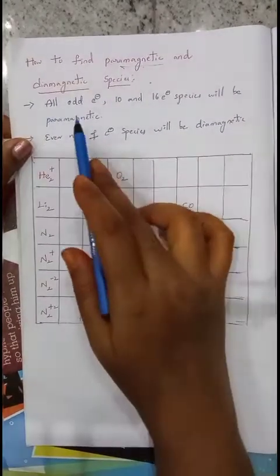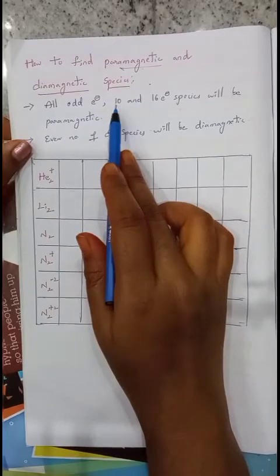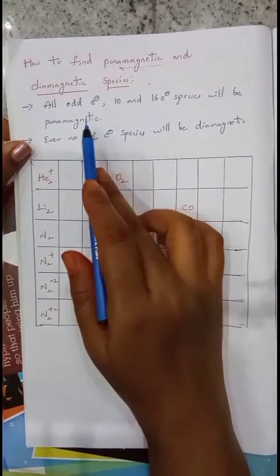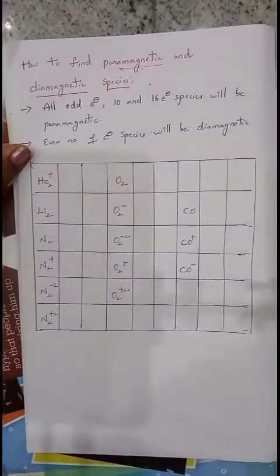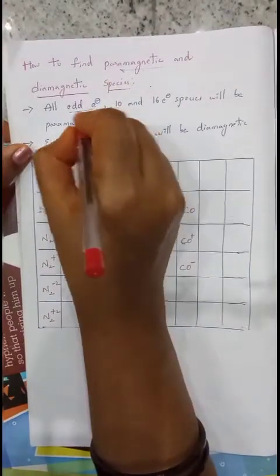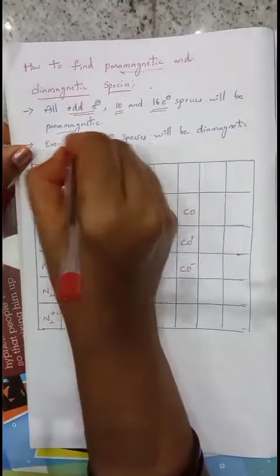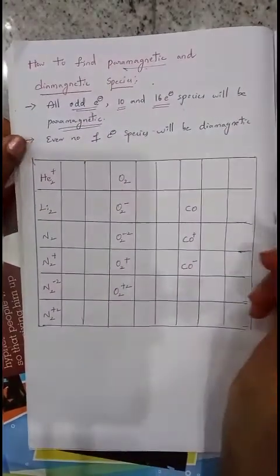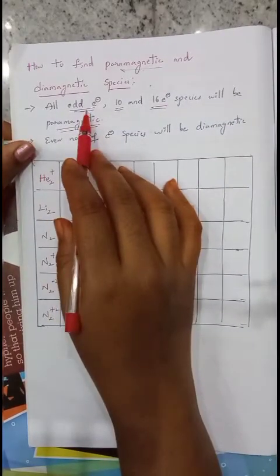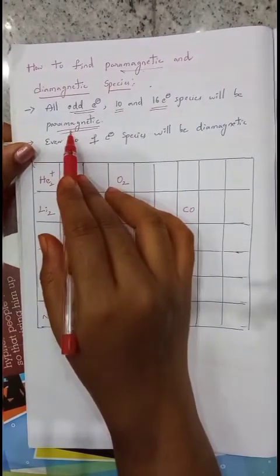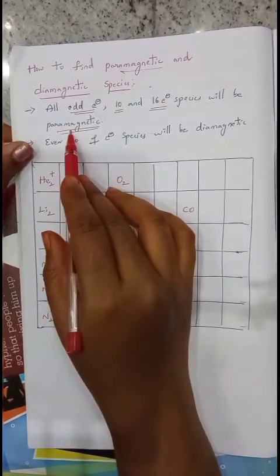The first one is all odd electrons and the species with 10 electrons and 16 electrons will be paramagnetic. You have to note it down: all odd electrons and the 10 and 16 electrons are said to be paramagnetic in nature. Whatever molecule contains this type of odd electron, 10 electrons and 16 electrons will always be paramagnetic in nature.